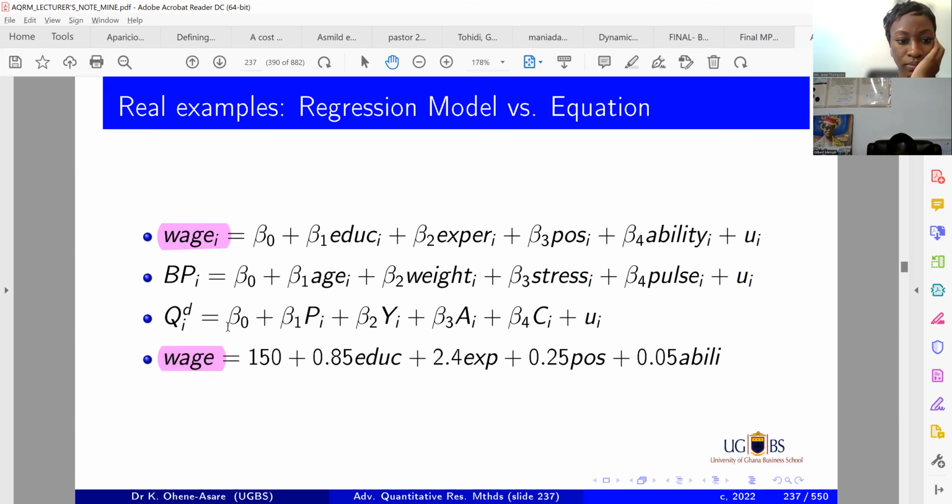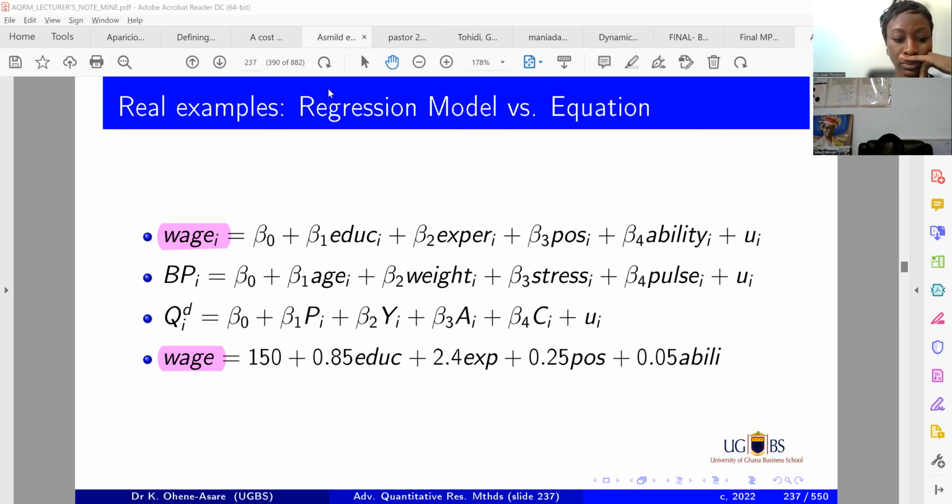But there are two main differences between the first bulleted one, the regression model, and the estimated equation. Who can tell me those two main differences? Zaid, can you tell me the two main differences?